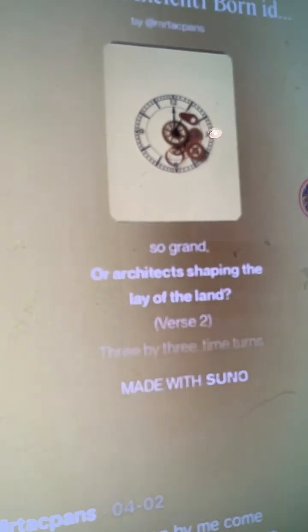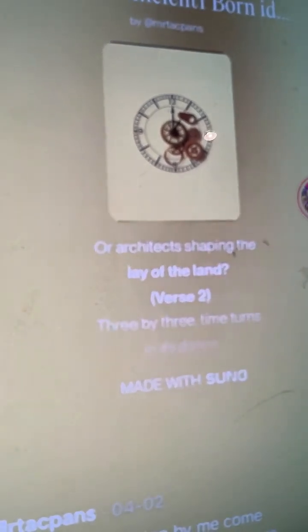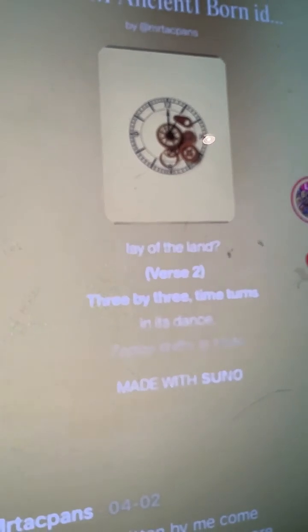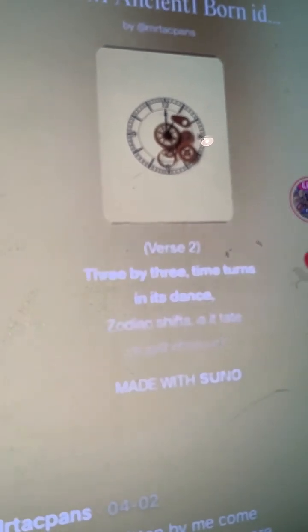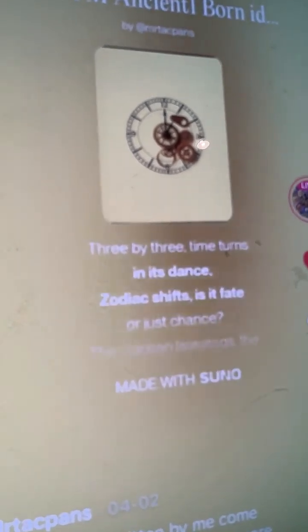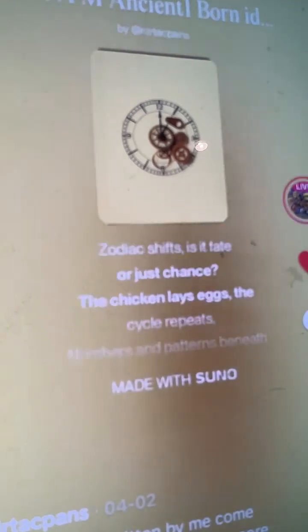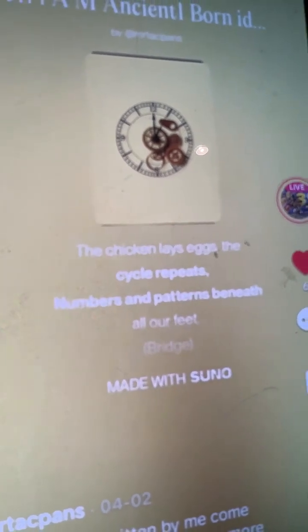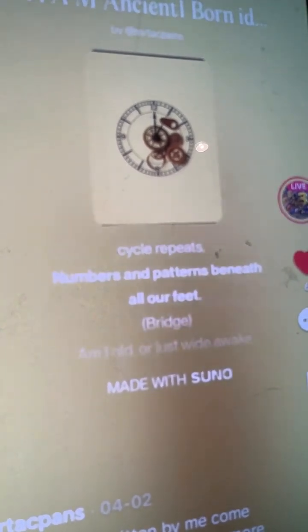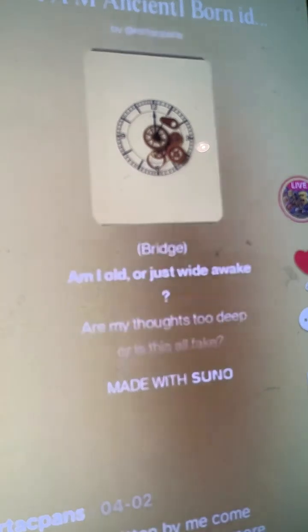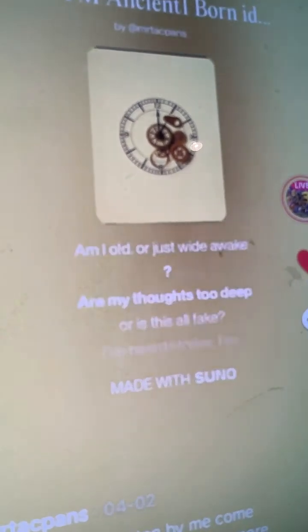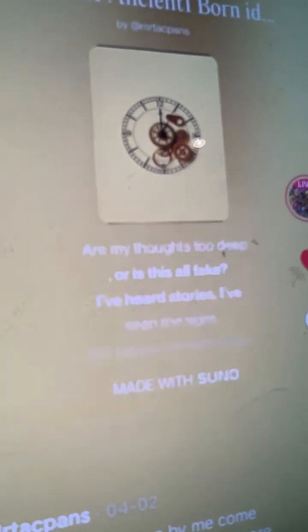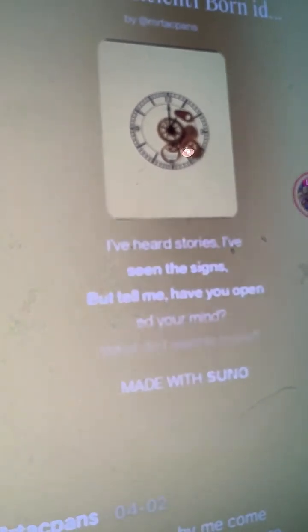Or architects shaping the lay of the land? 3 by 3 time turns in its dance. Zodiac shifts, is it fate or just chance? The chicken lays eggs, the cycle repeats. Numbers and patterns beneath all our feet. Am I old or just wide awake? Are my thoughts too deep or is this all fake? I've heard stories, I've seen the signs.